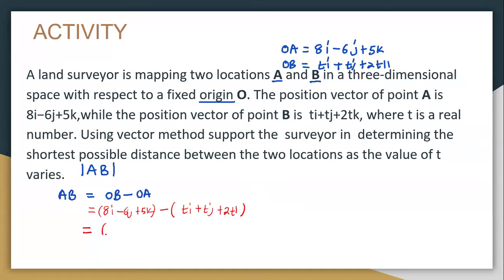So allow me to just copy. So this is going to be 8 minus t of i plus negative 6 minus t of j, then plus 5 minus 2t of k. t is the time.